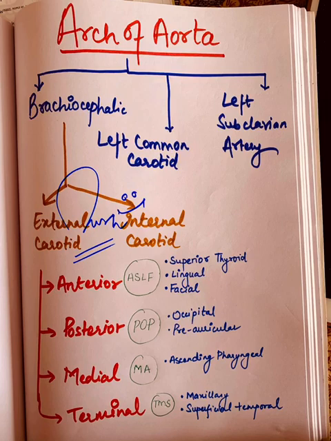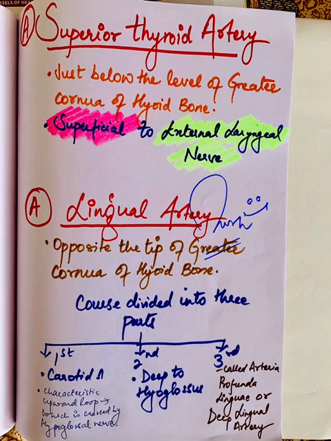So this was about the arch of aorta. We have already discussed in detail in the WhatsApp discussion group, so I'm just rushing. Here I have put only the anterior branches. What is A there? A is your anterior branch of the external carotid artery. First you have superior thyroid, then lingual, then your facial.